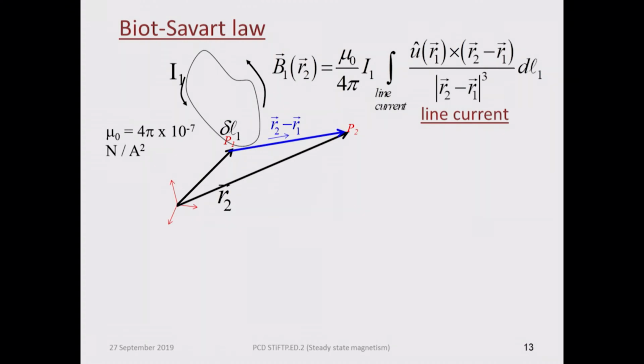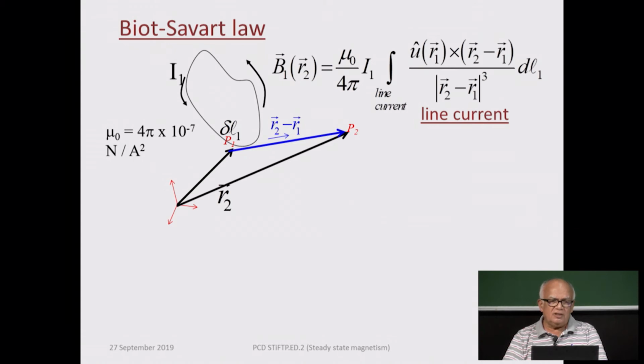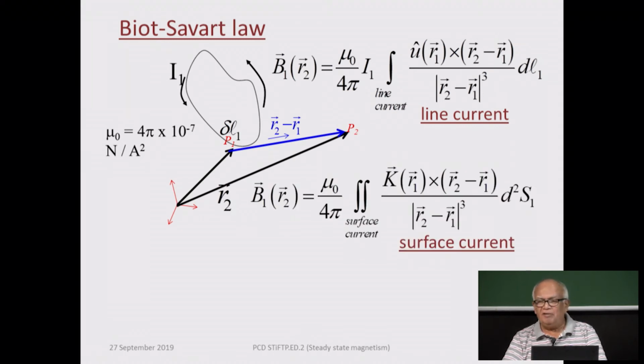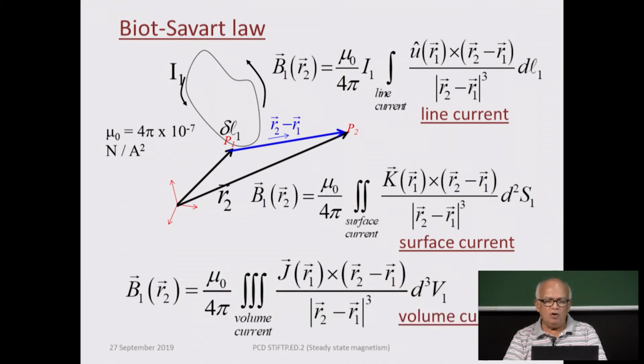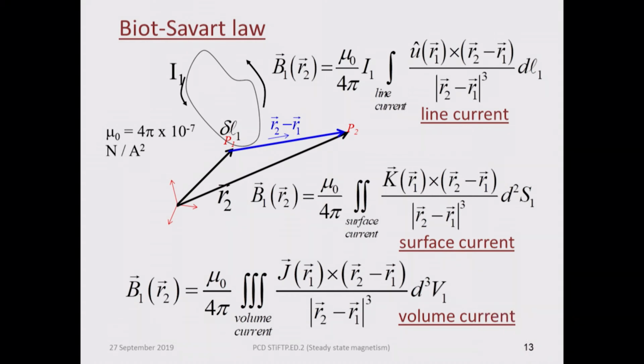So, you can now use this for line currents, but we have already discussed that you may also have surface currents, in which the Biot-Savart law requires a double integration, because you have one more dimension which is added, and you may also have a volume current in which you have got a triple integration involving the corresponding current density vectors.